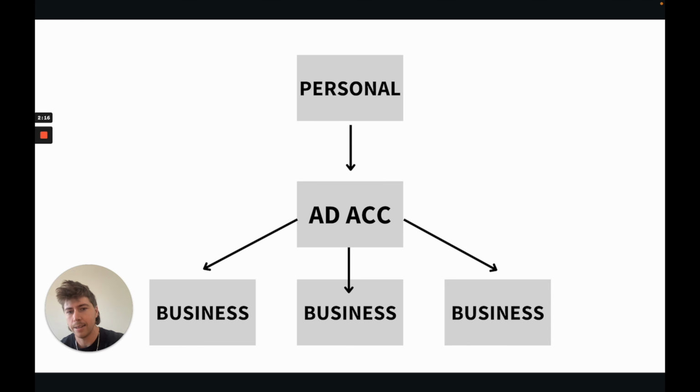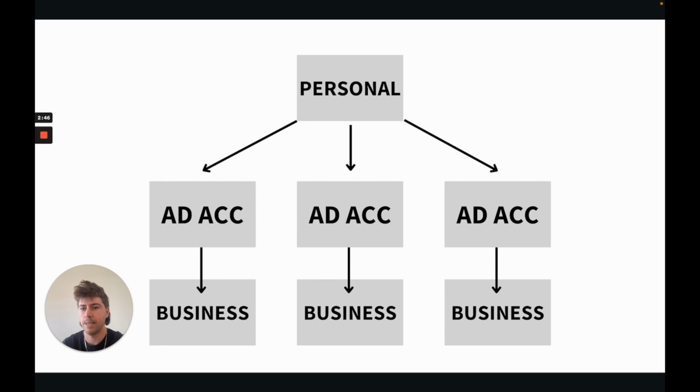One is that because you've got multiple businesses under one ad account, the ad account can go down pretty easily if one business runs into trouble, meaning that you can't run ads, in this case, for the other two businesses. Also, if you get in trouble personally on Facebook, then all the businesses go down. And if you get personally banned, then you can't work for any other business out there and help them out. So definitely do not have this setup.